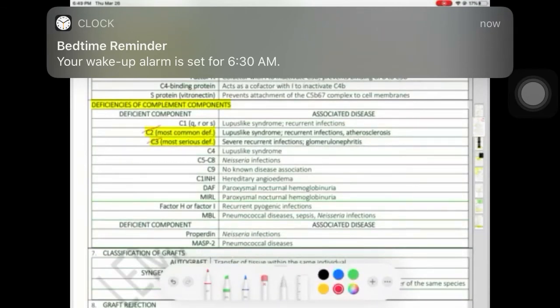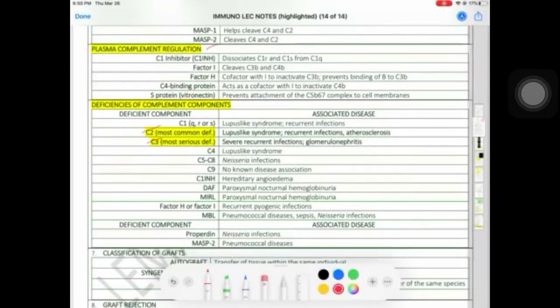Remember, yung C3, siya yung major complement component.